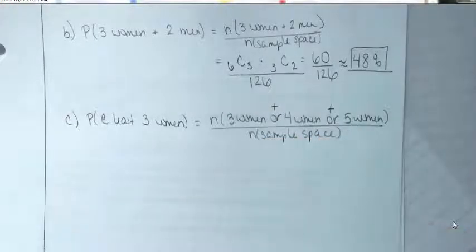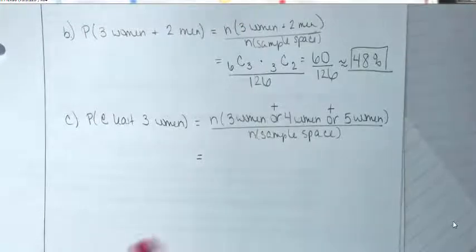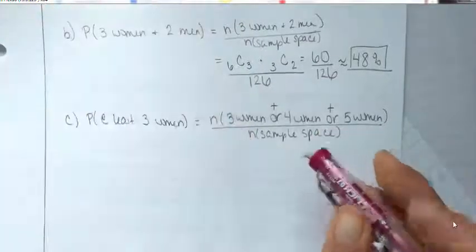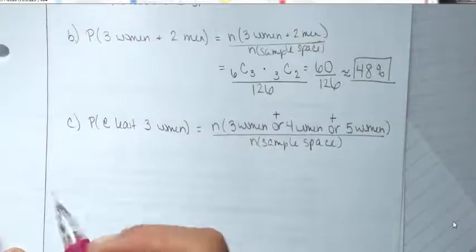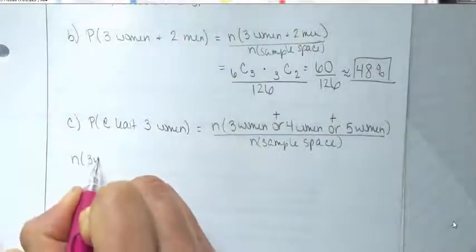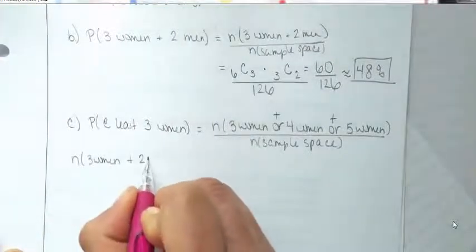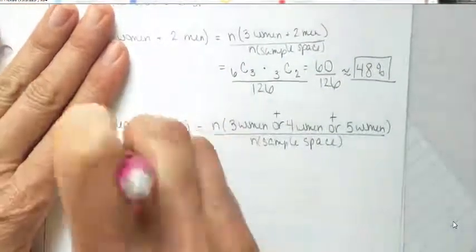So those are really plus signs. Now I'm going to go off to the side here and calculate each one of these separately. So let's start with if we have 3 women, how many men will I have? I'll have 2 men. I shouldn't use that. I should use and.